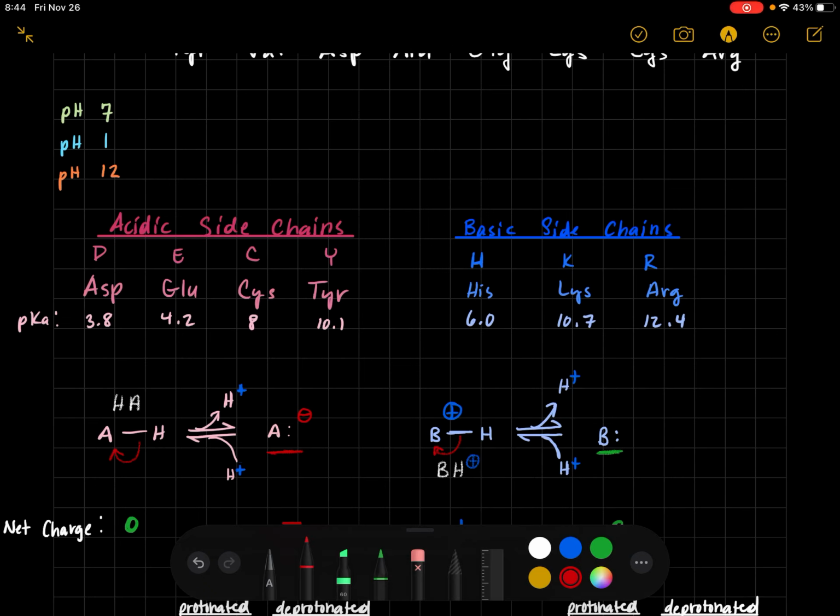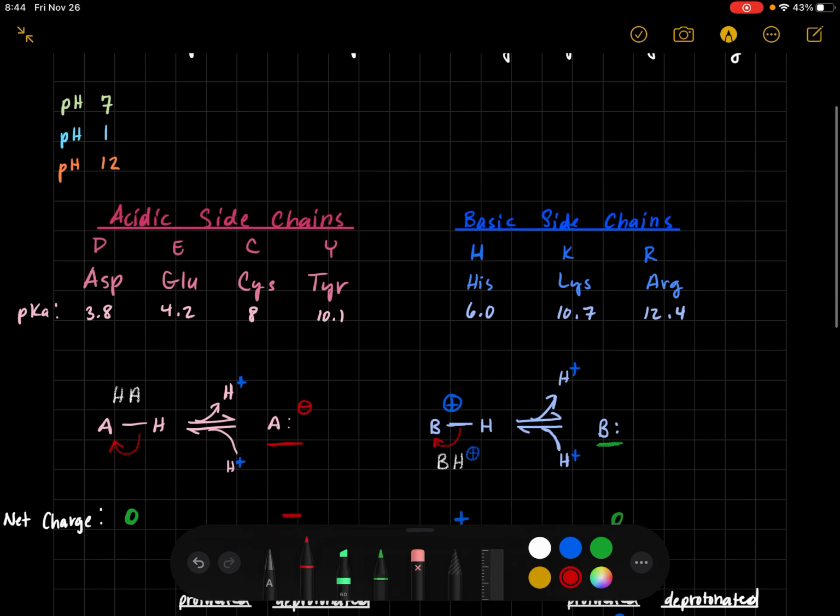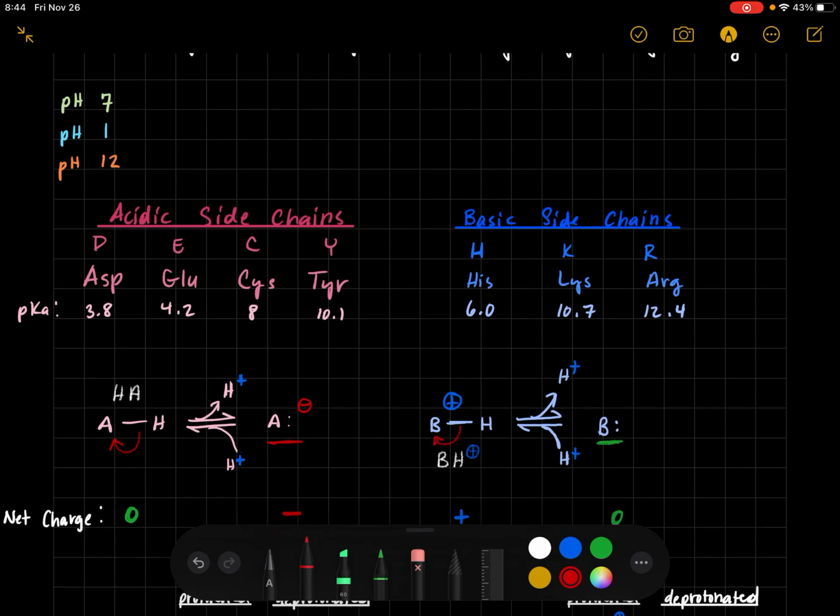Among the basic side chains, lysine and arginine will generally always be protonated and positively charged at biological pH. Histidine may vary in protonation state depending on the exact conditions. It tends to favor the deprotonated, neutral state at pH of 7.2 to 7.4.